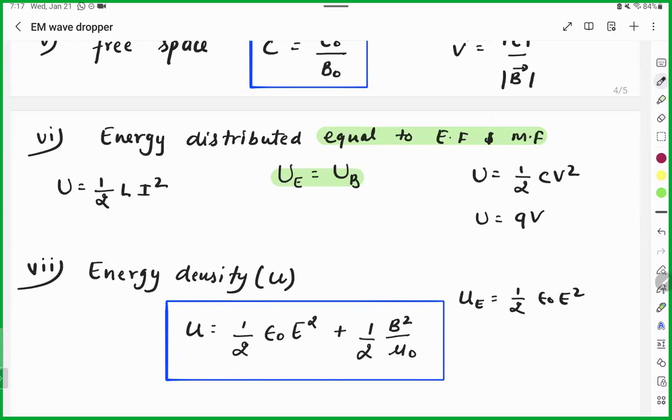And in the magnetic field, it will be equal to half, instead of E square you have B square, and mu naught is in the opposite position. In the electric field you have permittivity in the numerator, but here we have permeability in the denominator. So it will become ulta. Make sense, guys? Any doubt?